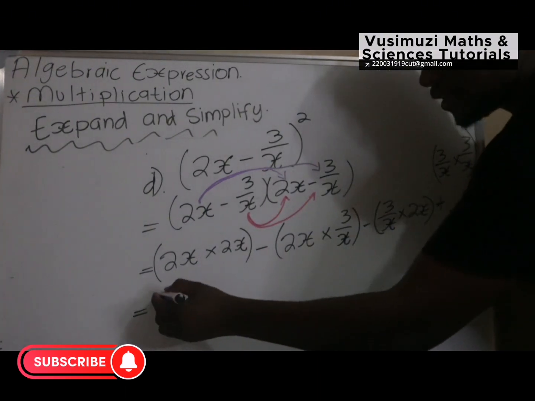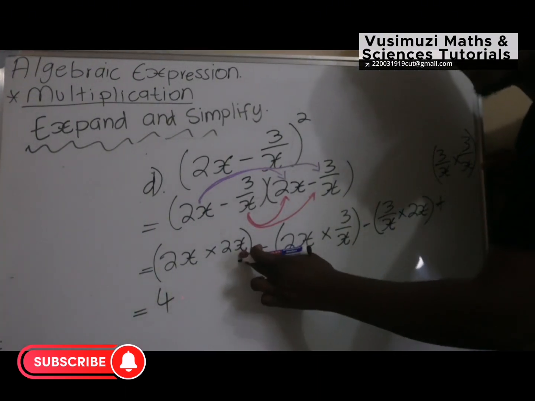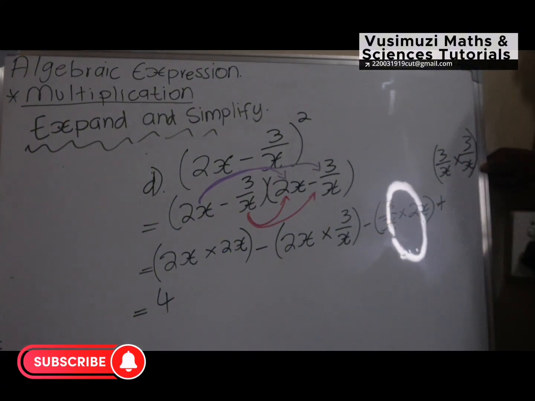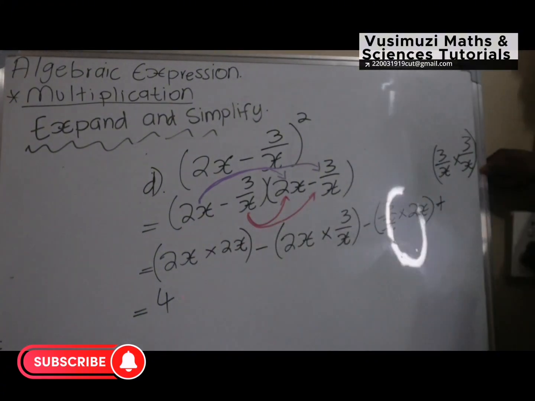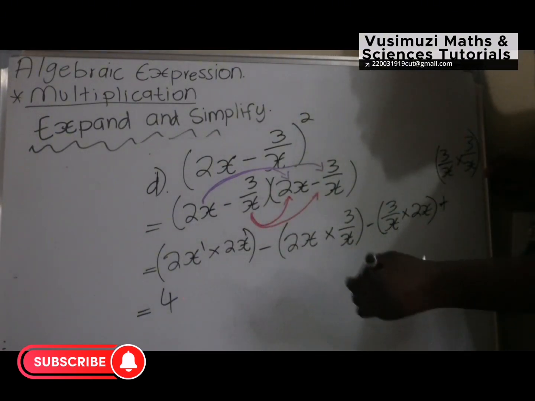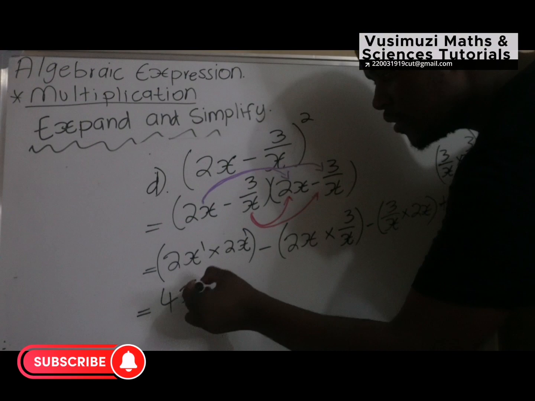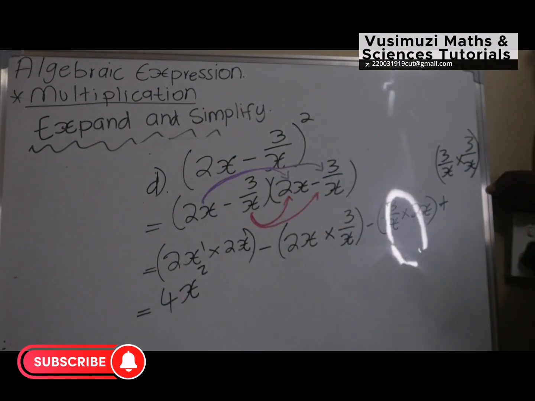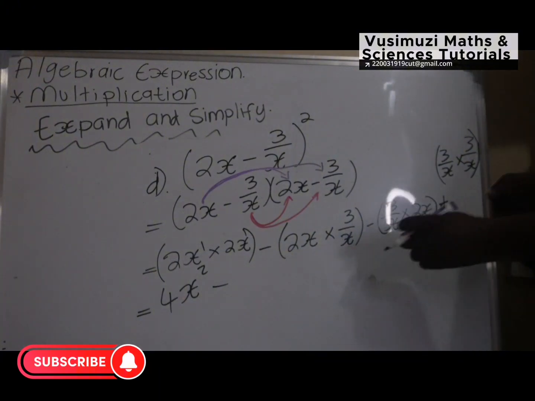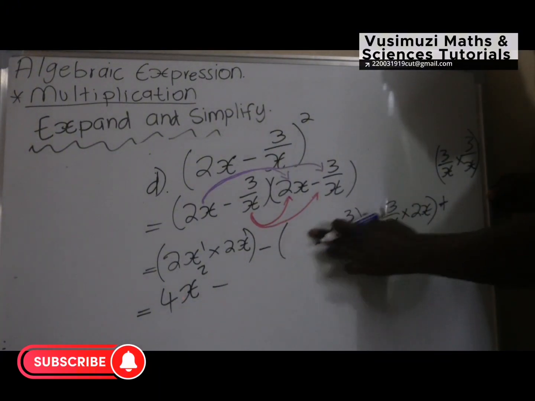Then 2 times 2 you get 4 here. x times x: when you multiply the same bases, x and x are the same. When you multiply same bases, do what? You add exponents. 1 plus 1 you get 2. So I have x to the power 2. I drop down this negative. Then here you have another fraction.